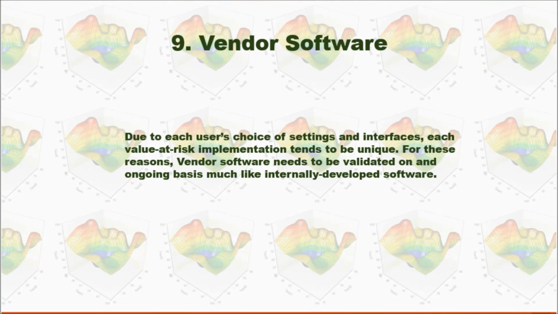Vendor software. Due to each user's choice of settings and interfaces, each value at risk implementation tends to be unique. For these reasons, vendor software needs to be validated on an ongoing basis, much like internally developed software.